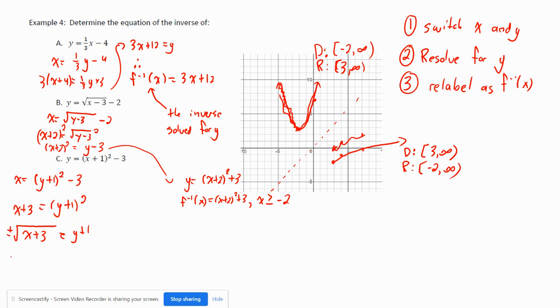And then we subtract 1. So we get f inverse of x equals plus or minus square root of x plus 3, minus 1. Okay, and that's how this one's going to work over here.